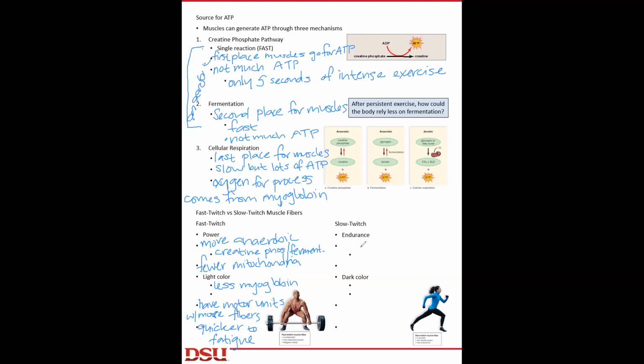Okay, so then we have our slow twitch, which is pretty much the opposite. Slow twitch is more of your endurance type muscles. And because this is endurance, we're definitely going to be more aerobic, in it for the long haul, which means that we're fine using cellular respiration.